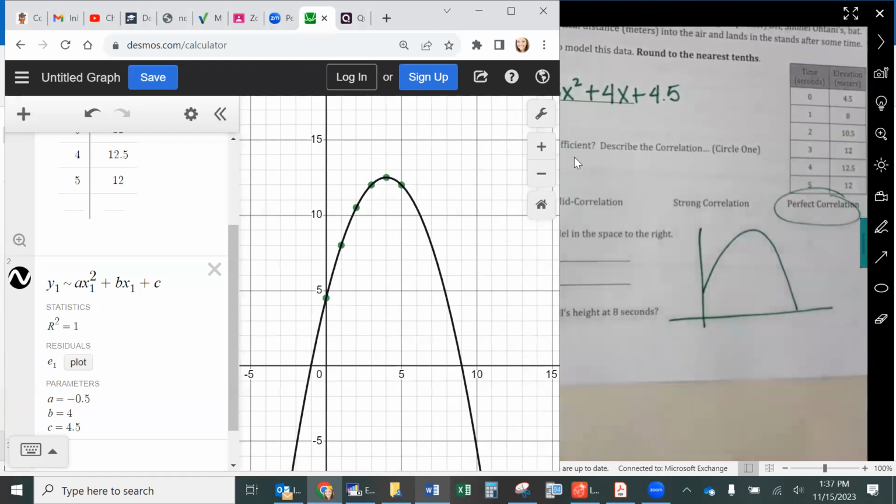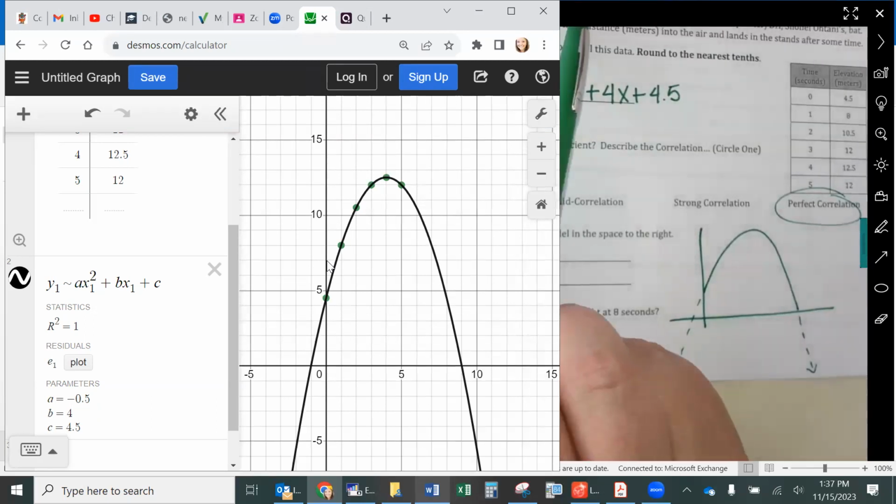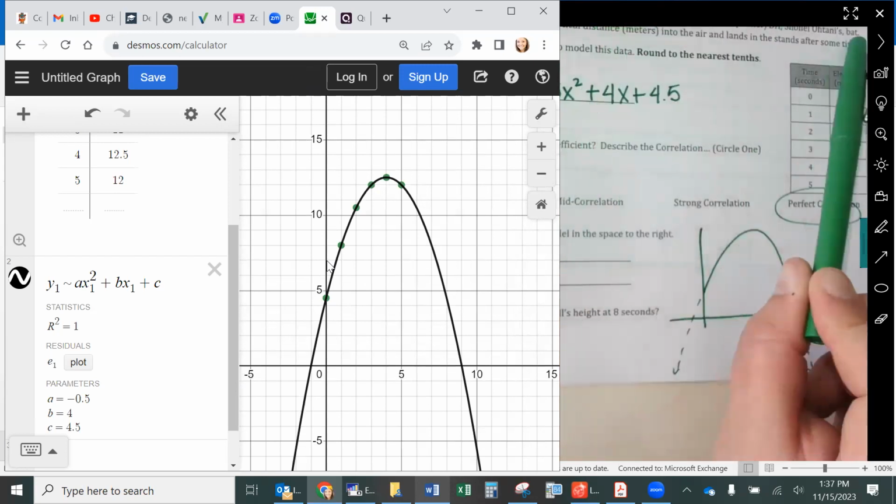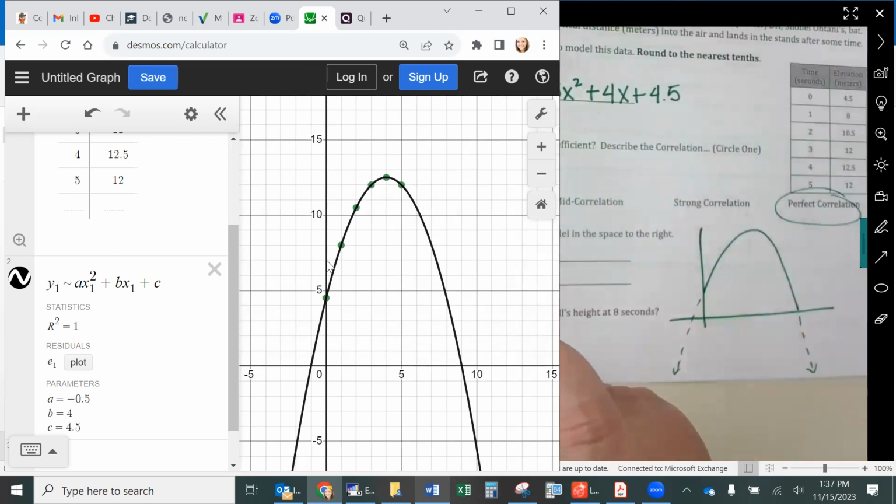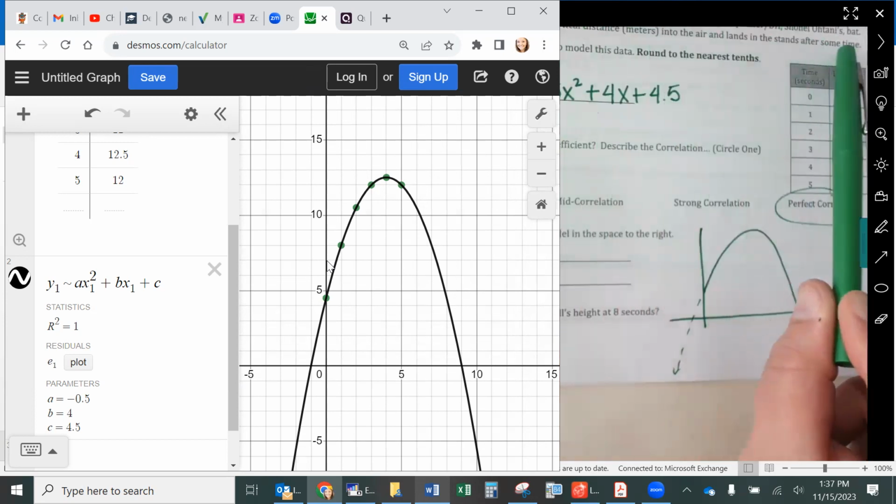Now, notice that on here my parabola keeps going on this side and on this side. But here's the thing. If you actually read the word problem, let me read it to you. It says, this is the height of a baseball off of a guy's bat. The baseball goes up into the air and then lands in the stands.